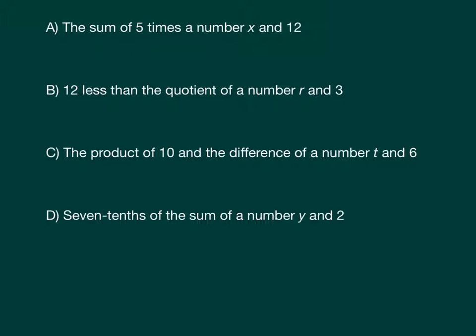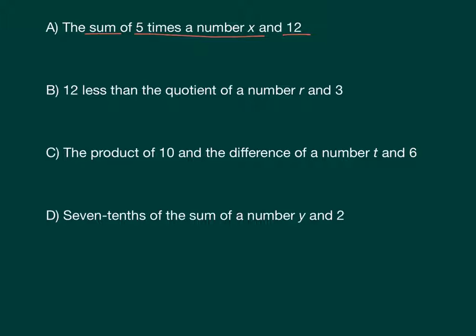So in example A, we have the sum of 5 times a number x and 12. So we have the sum of two things: 5 times a number x and 12. Those are the two things we're adding together.